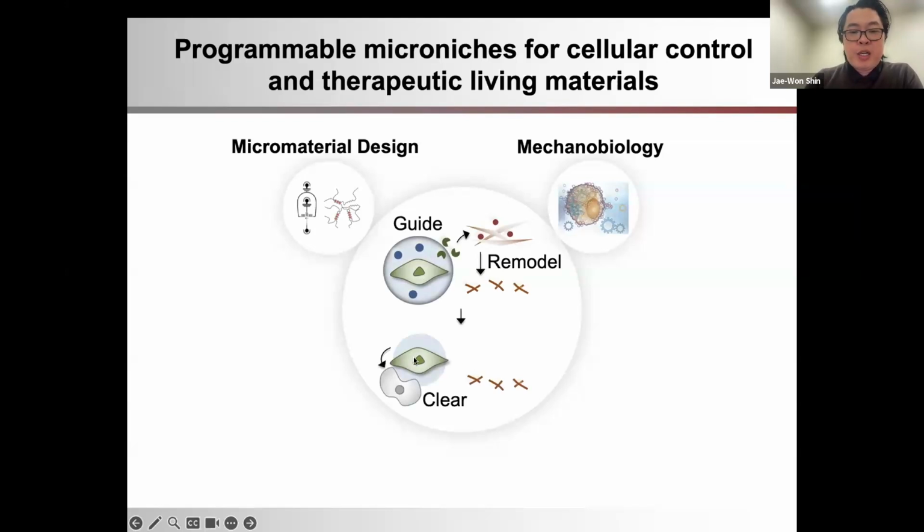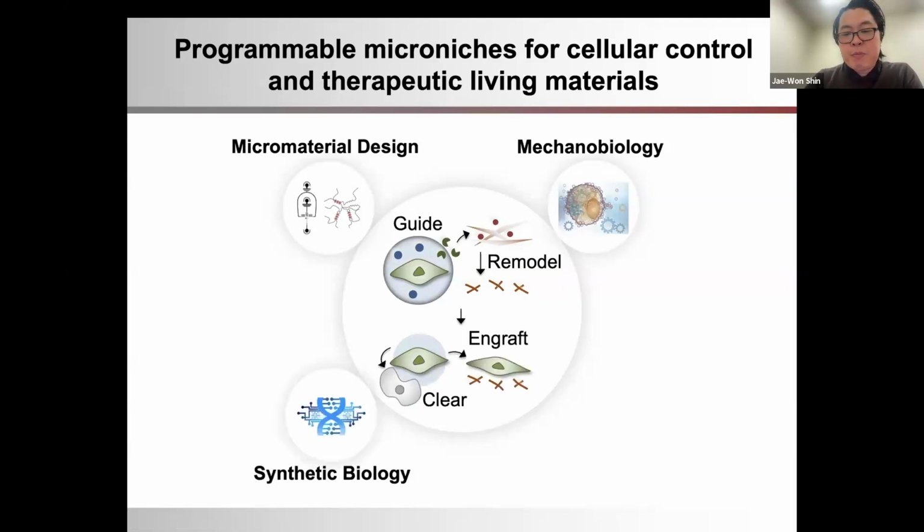But ultimately, the incorporation of synthetic biology and advanced materials down the road will hopefully enable us to precisely control these behaviors that could be broadly useful for treating conditions like chronic injuries.